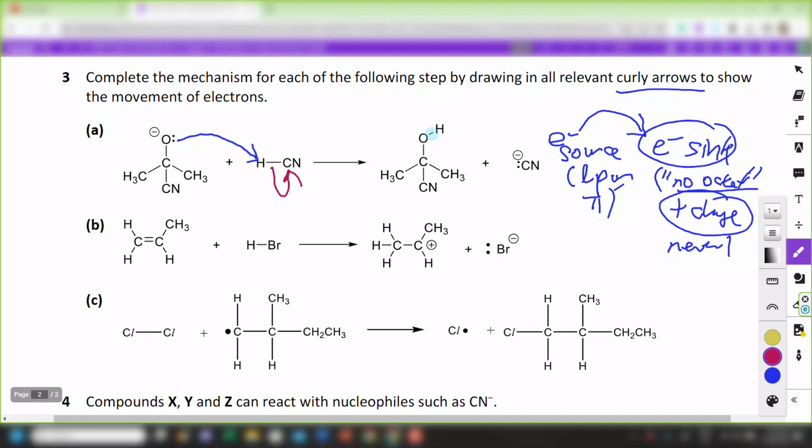The cleavage results in a lone pair of electrons being generated. So this is the lone pair being generated, and now the carbon takes on a negative charge.